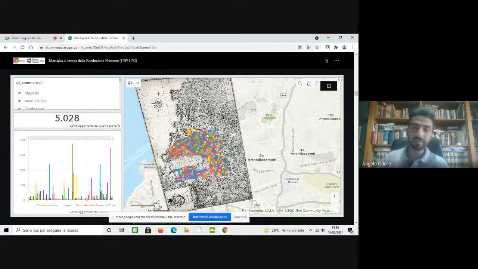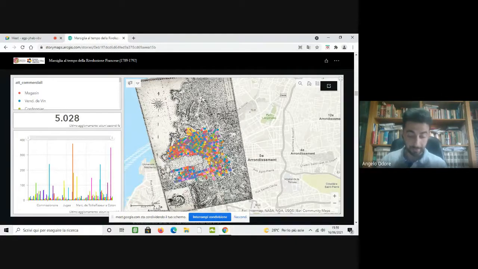In detail, in this project, I have geo-localized, geo-referenced 50,028 commercial activities, market activities, and the dashboard is very important because here you have a map which is referenced with 50,028 points.